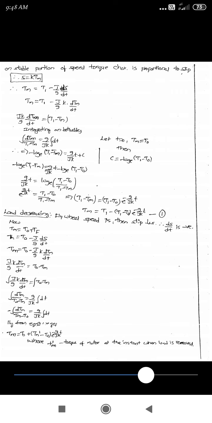Now we substitute the value Tm is equal to T1 minus J by G into dS by dt. From that equation, Tm is equal to T1 minus J by G K into dTm by dt.